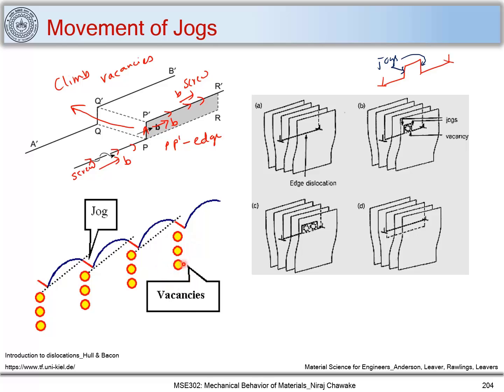So formation or annihilation of vacancies takes place during the climb process of these jogs. This involves stress and thermal activation, that is, the climb process requires stress and thermal activation to move these jogs. So this is an important thing which we have seen for jogs and kinks. And with this, I will stop here.